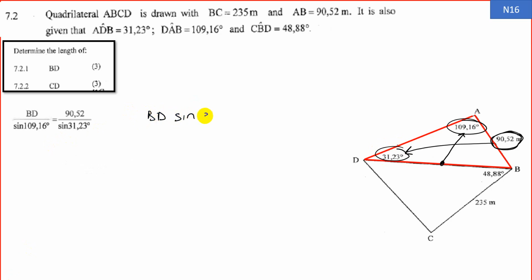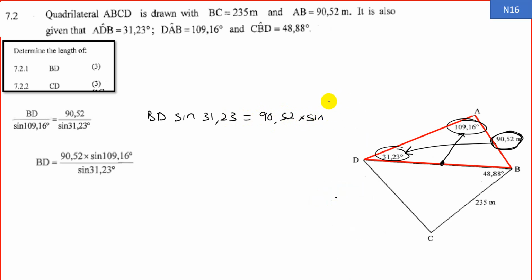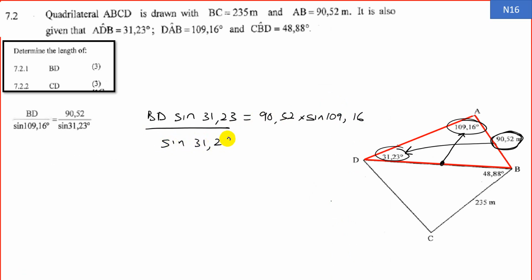times sine 31.23 is actually equal to 90.52 times sine 109.16. And then to find BD, we're going to divide both sides by sine 31.23.